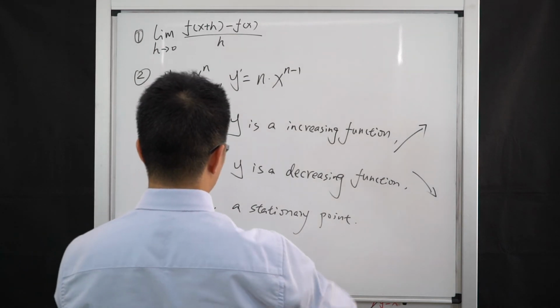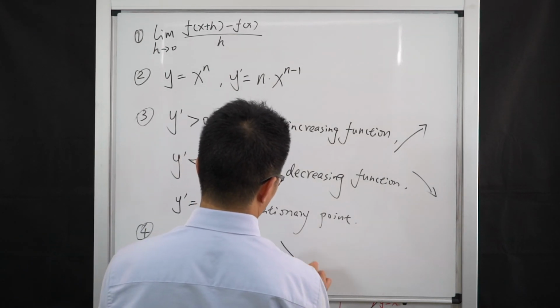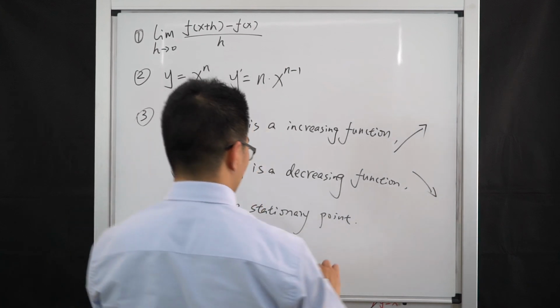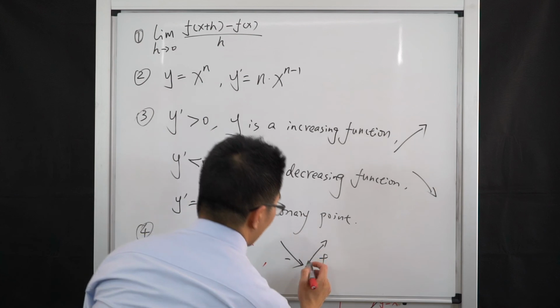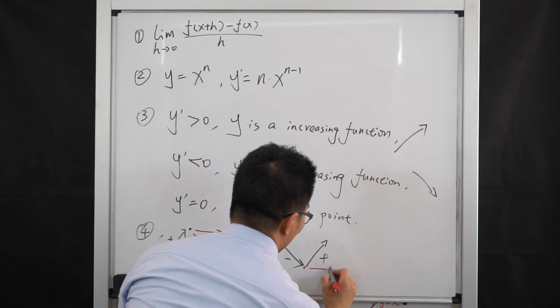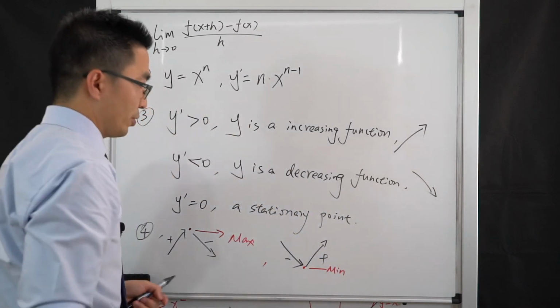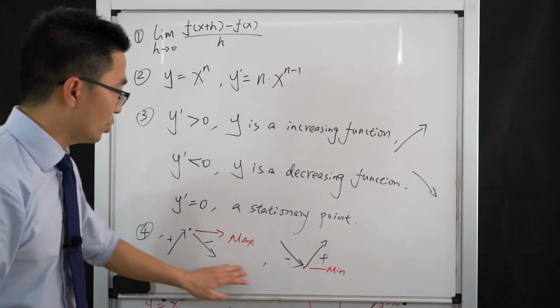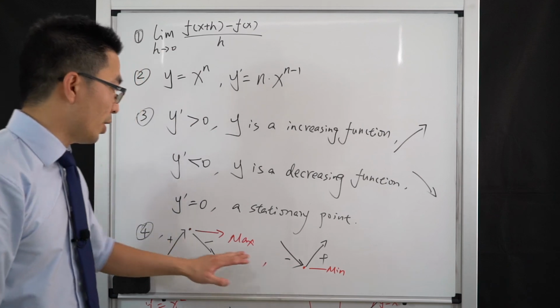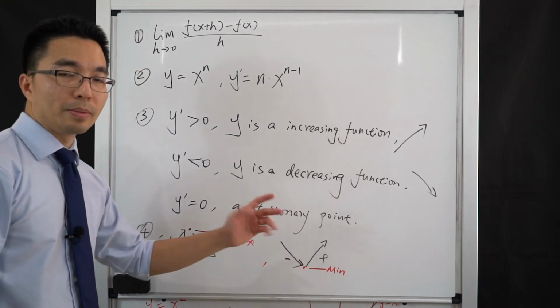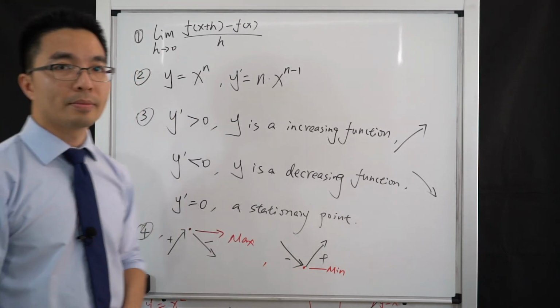Another situation is if the function starts from decreasing and then increasing. We can have a minimum of the function. Okay? So here are 2 situations for us to use the stationary point to find the maximum or minimum. It depends on the question. Okay?